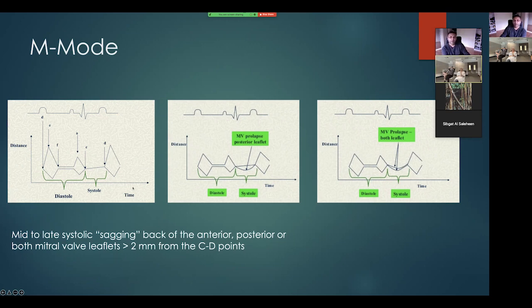We don't use M mode very commonly, but sometimes it can be very useful, especially if you want to measure this distance, because in 2D mode it's a very, very small distance and it's not easy to measure, but in M mode you can measure it comparatively more accurately than the 2D mode. So again, if it's more than 2 millimeter, that is the definition of prolapse.